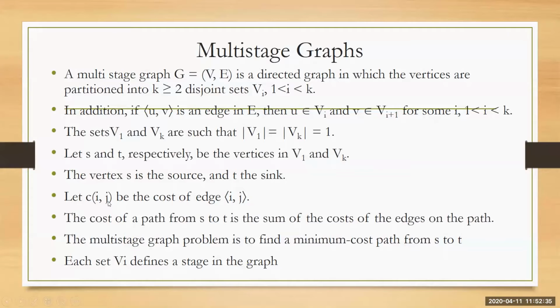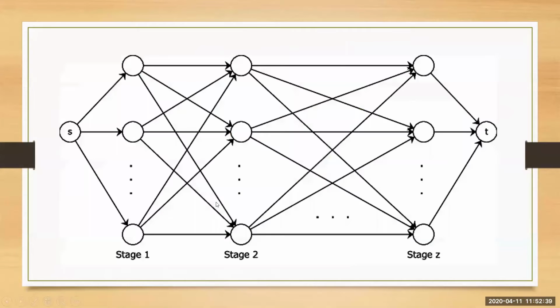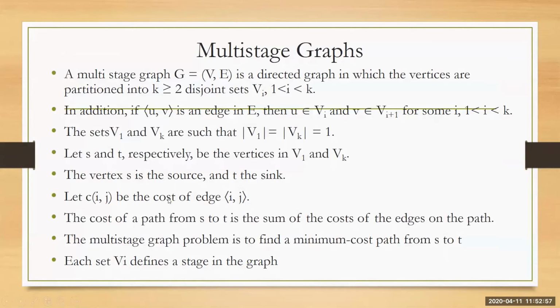Let C of ij be the cost of an edge. For example, if this particular edge has some cost, we call it C of ij. That is the cost, or weight, of that particular edge.